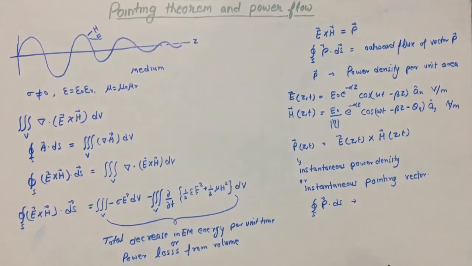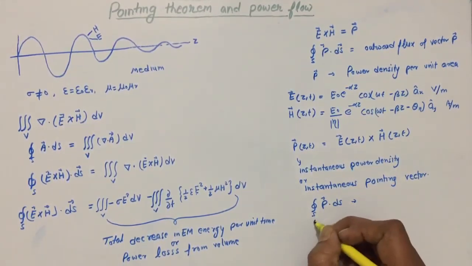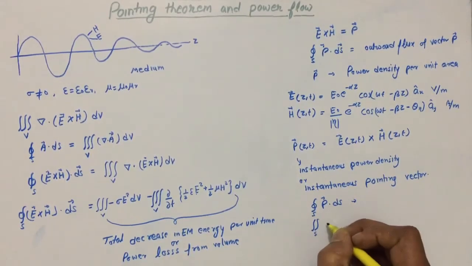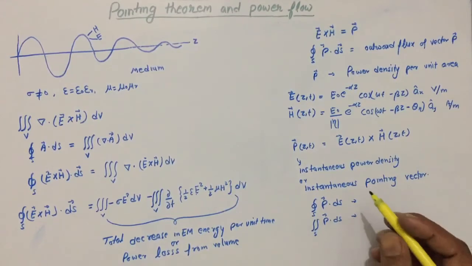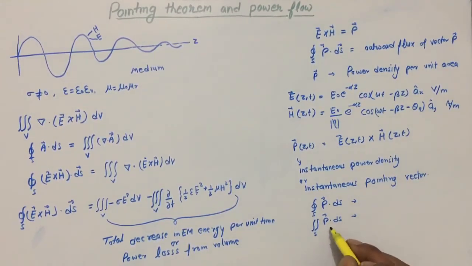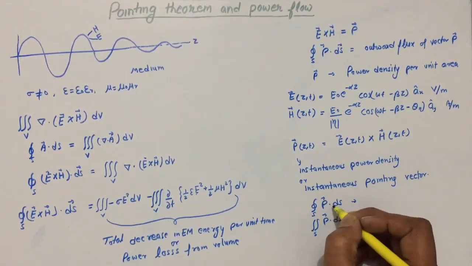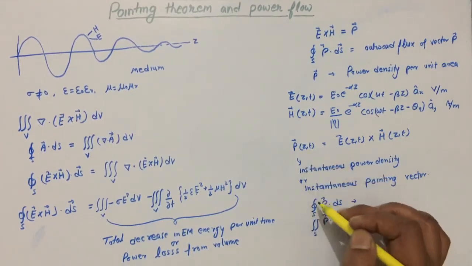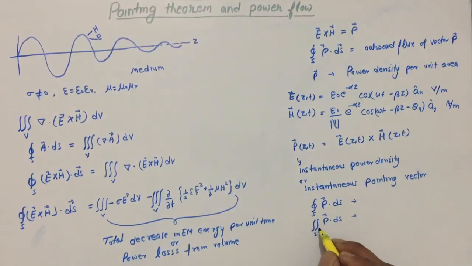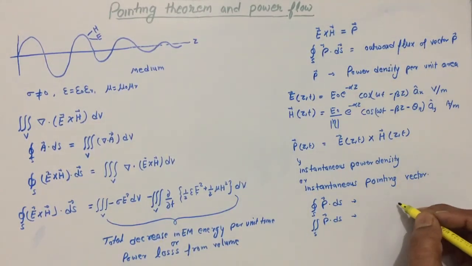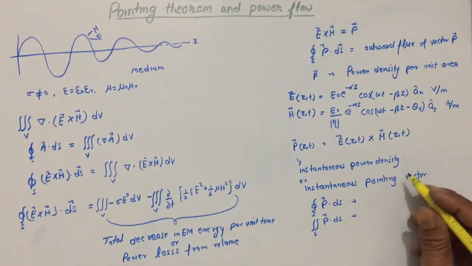And if it is written like that, P dot ds, then we can say this is the instantaneous power through an open surface, that is not the closed one. So open surface means, and closed surface and open surface, let us try to understand.